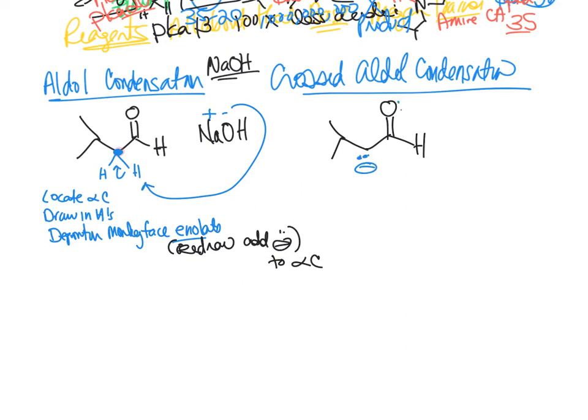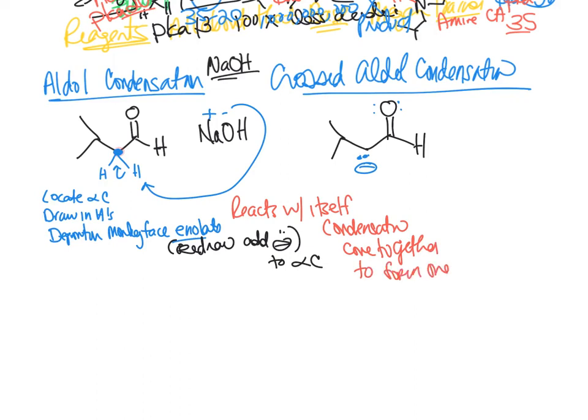It makes a negative charge. Now, what you want to draw for the aldol is that it reacts with itself. It's called a condensation because two molecules come together to form one. So you want to redraw the other one.